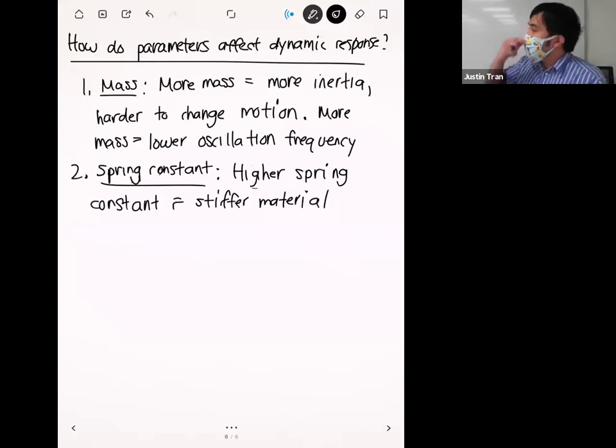And if you have a stiffer material, then the material is going to be quicker to react with this dynamic response.